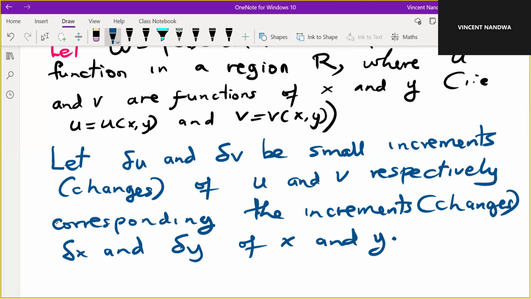So here we mean delta u is change in u, or small change in u, or increment in u. Delta v is a small increment or change in v. Delta x is small change in x or increment in x. And delta y, small change or increment in the variable y.